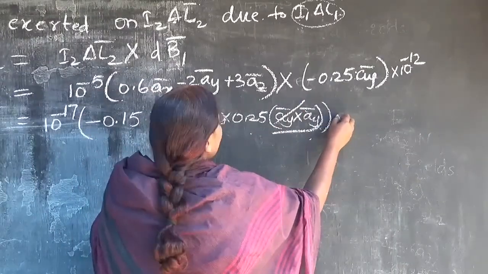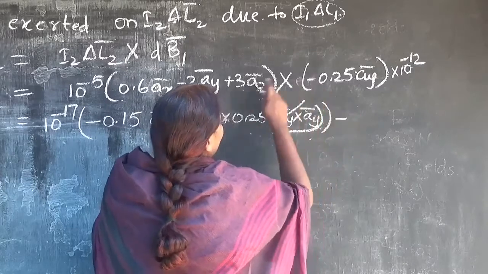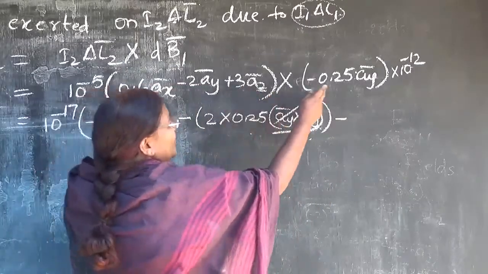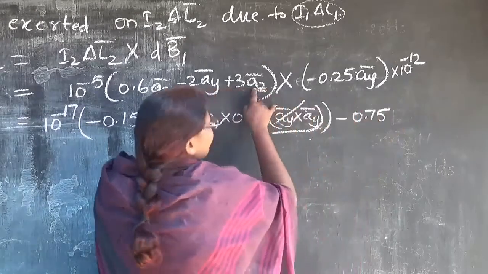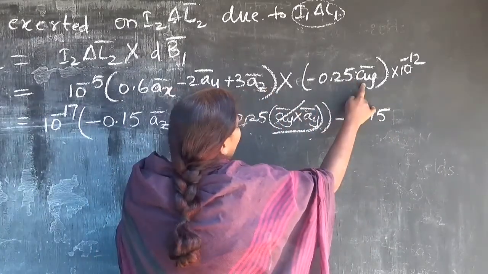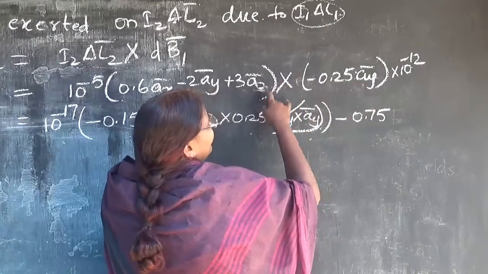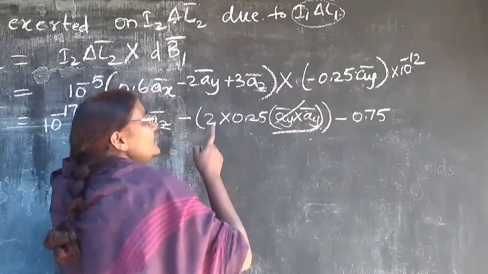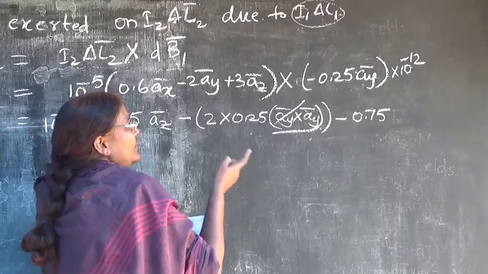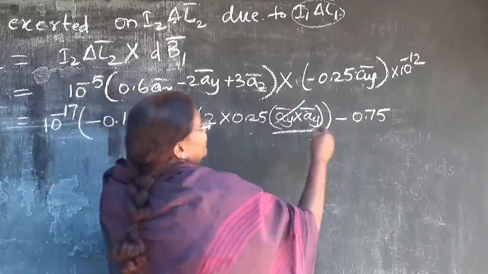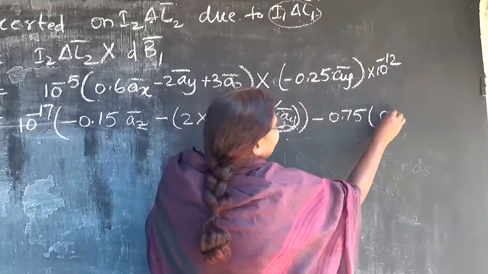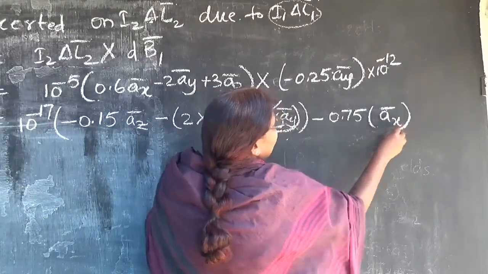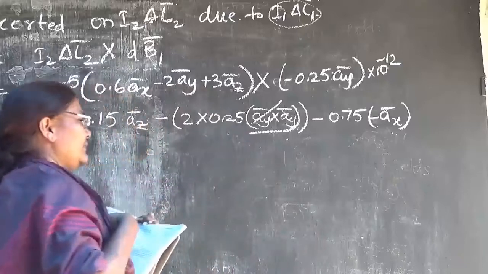Next thing is plus into minus, minus 3 into 0.25, 0.75 into AZ bar cross AY bar. Z after Y, so the order is reversed; it should be Y after Z. YZ will give X, and if the order is reversed, it should be negative.